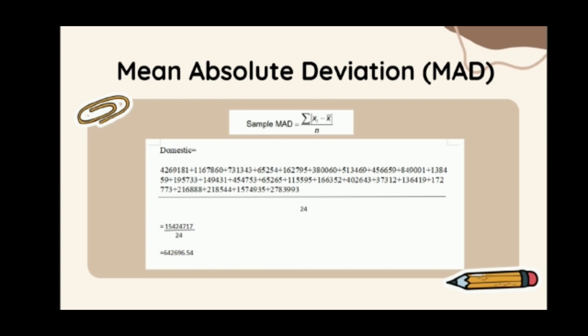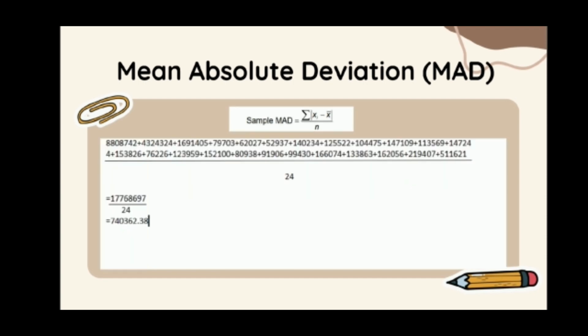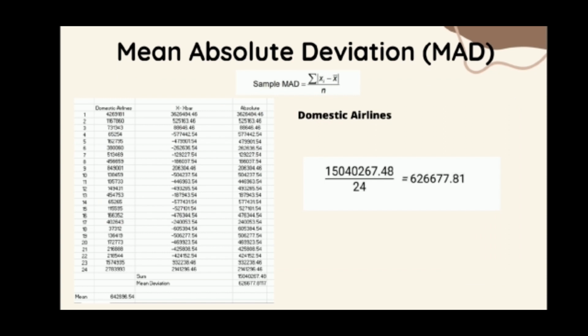The first step is to compute the mean, and of course we just sum up all the values and divide by the number. So for domestic airlines the mean value is 642,696.54, and the mean for international airlines is 740,362. After computing the mean, it's very easy to compute the mean deviation.